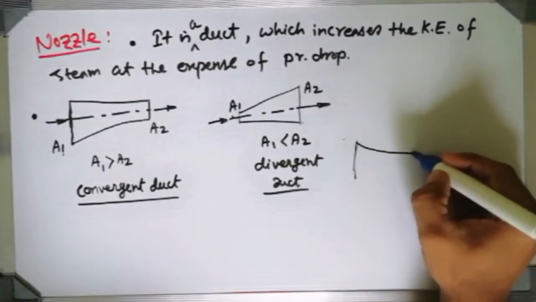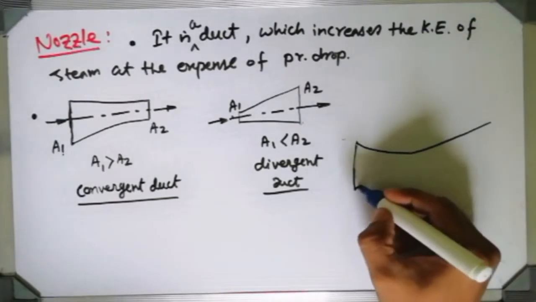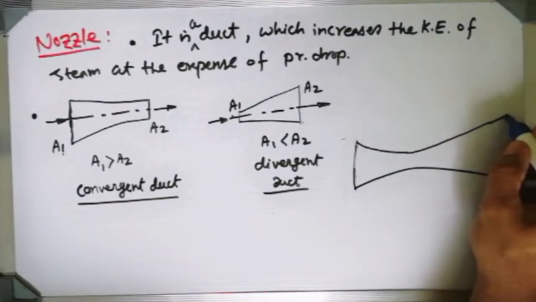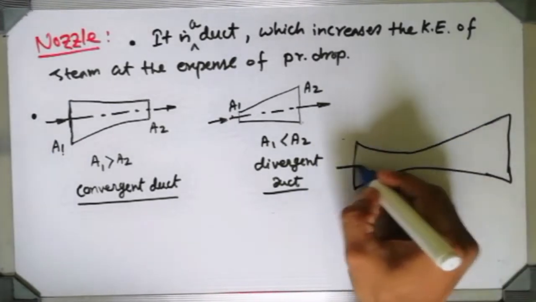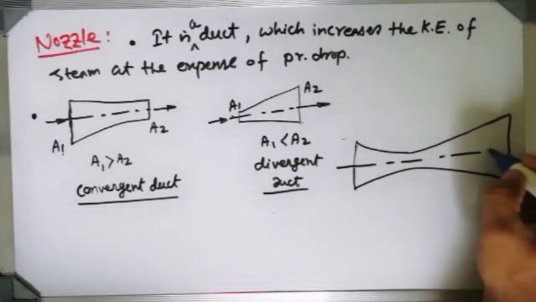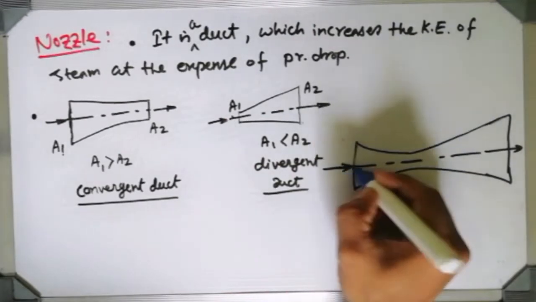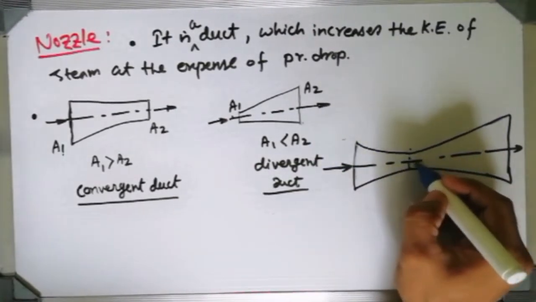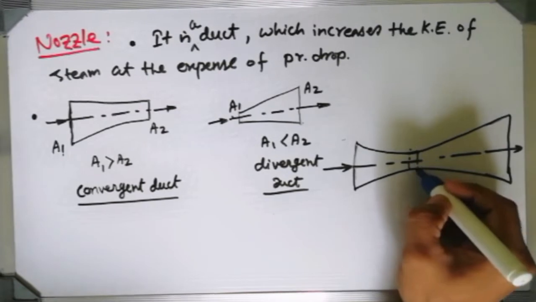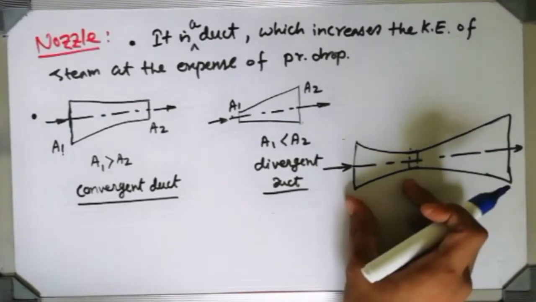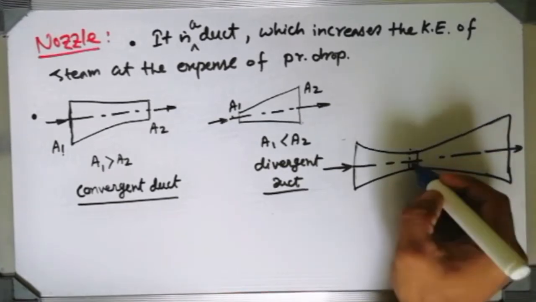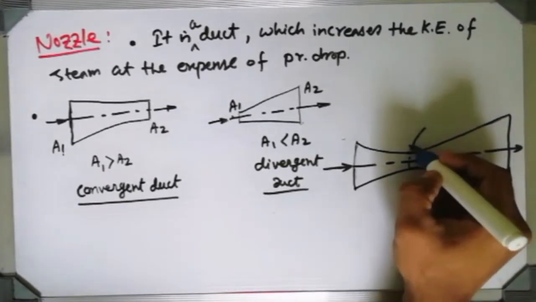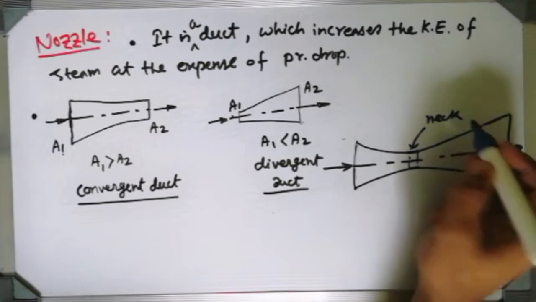like this shape, that is the shape which is used here for the steam turbine actually, this kind of shape, you can see here, this part is a convergent shape and that part is a divergent shape, and the minimum cross section is known as the neck of the nozzle.